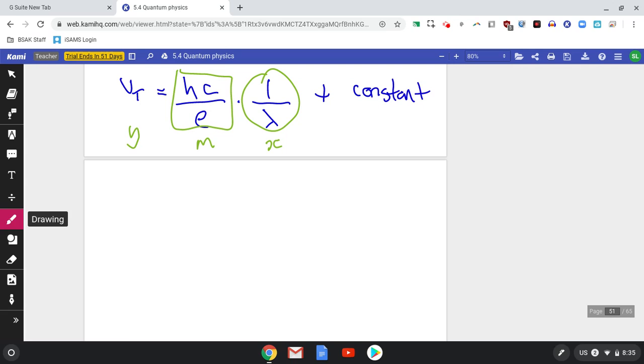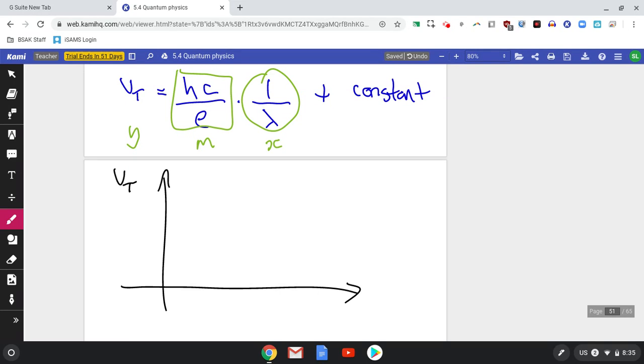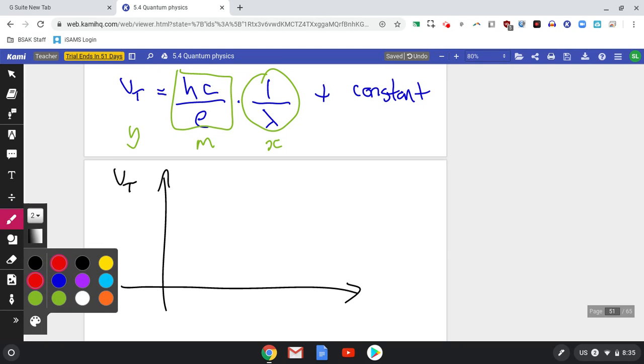So the graph, this is what you're going to plot. It's very similar to the photocell one, okay? But we're not going to be plotting stopping potential. We're going to be plotting the threshold voltage, okay? And this constant is a positive value, so it's going to be looking something like that, isn't it?